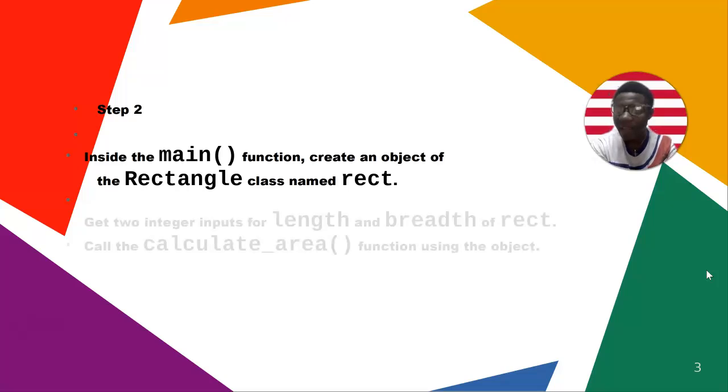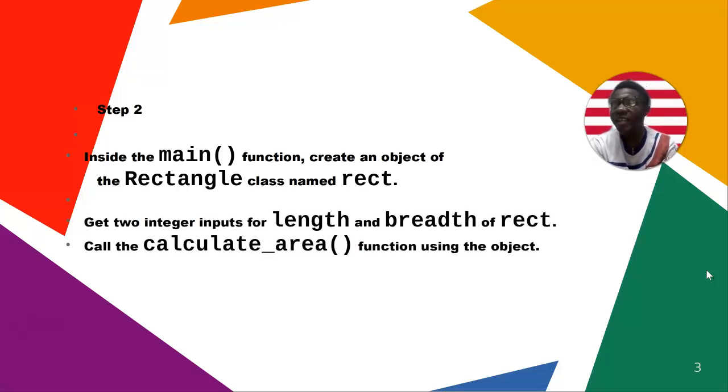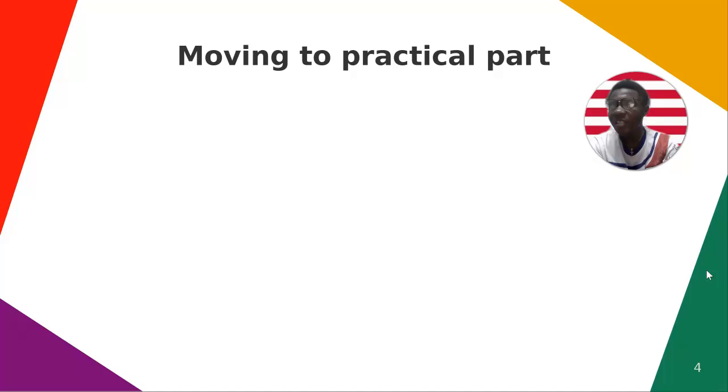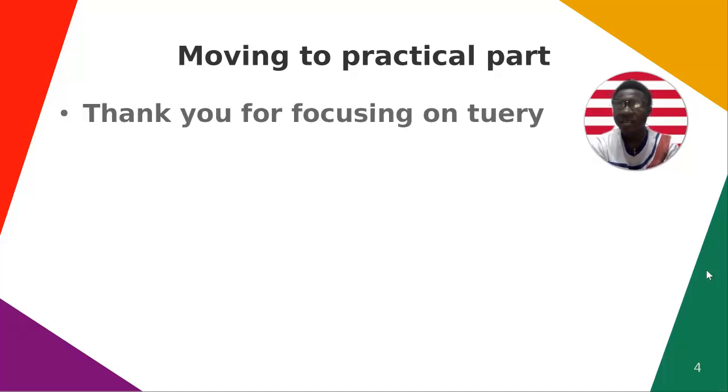Then we will also get two integer inputs for both length and breadth of a rectangle. Then from there we will call the function that we created today using the object. Now we are moving to the practical part.